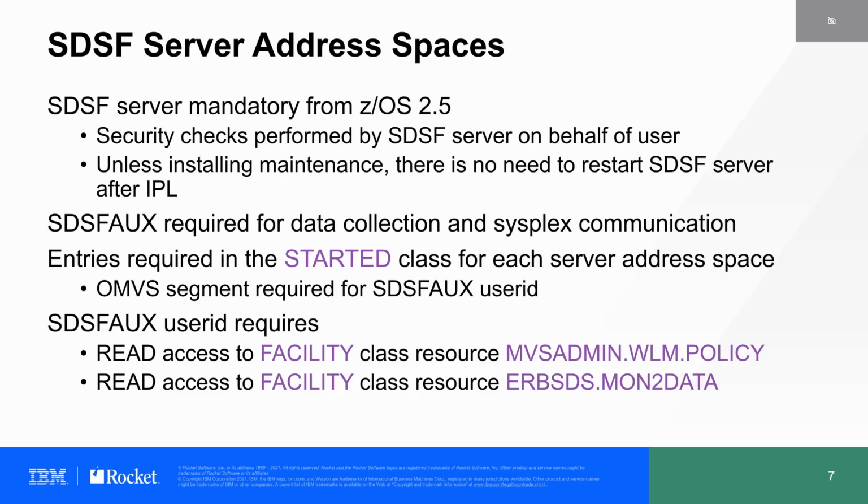These will need an entry in the STARTED class for each of the server address spaces, and you will need an OMVS segment for the user ID associated with SDSF ORCS, because we do some Unix style data collection services within that address space. We also need some read access to some FACILITY class profiles. We do an extract of the WLM policy. We call RMF for various bits and bobs of performance data. So you will need access to those two as well in the server.